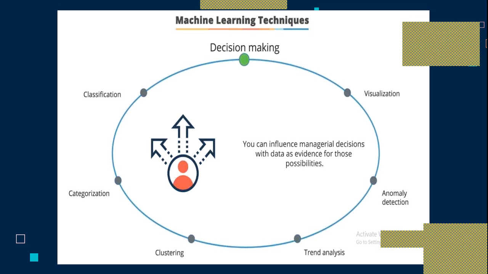For taking such decisions, we also use machine learning. We implement various decision making algorithms on our previously available historical data, and we get an accurate decision. Not 100%, but we can consider it accurate.